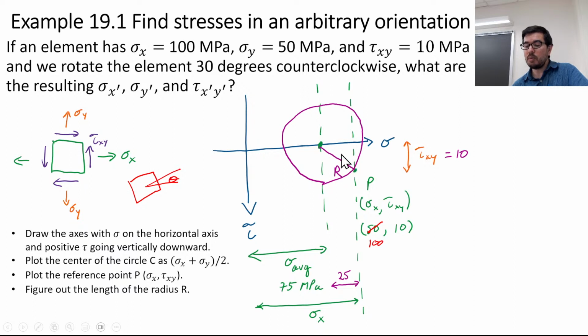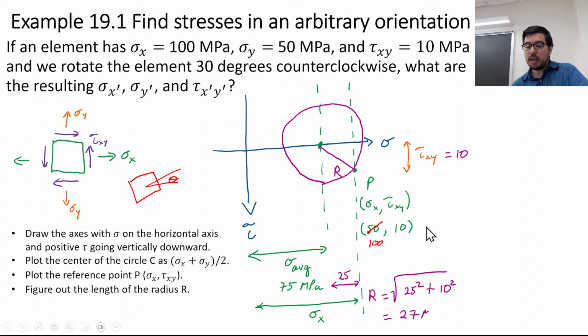Okay, so for example, here I have a radius and I have some angle, and if I want to get to having my principal stresses where sigma 1 is the most and tau is equal to 0, I have to figure out what amount of rotation I have to do to get there.